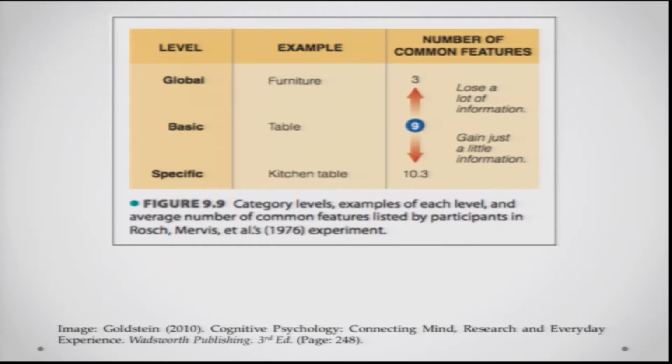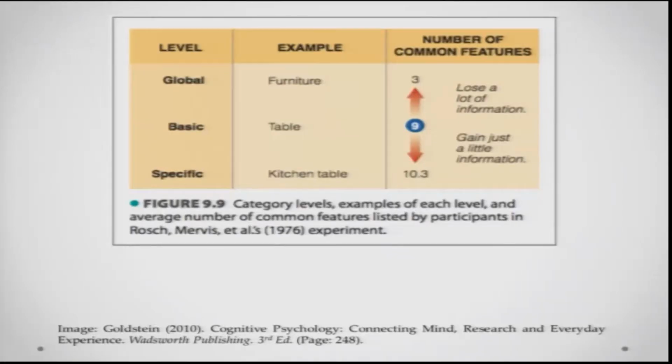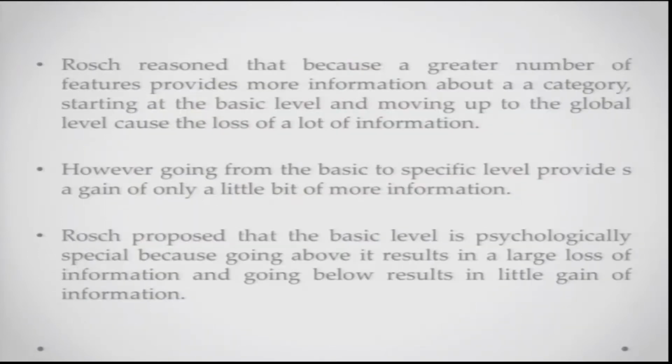But in general, something that encompasses both these levels in a better way is the basic level categorization, if you are talking about tables in general. So, the point is that if you go up from the basic level, you lose a lot of information, but if you move one level down, you are not gaining too much information either. This is what Rosch talks about.